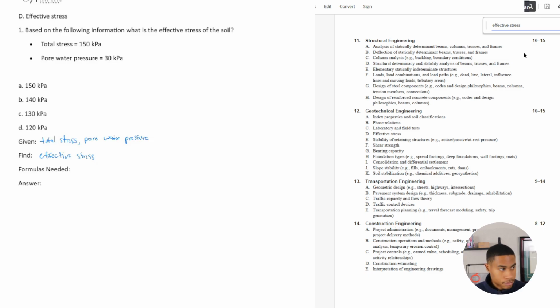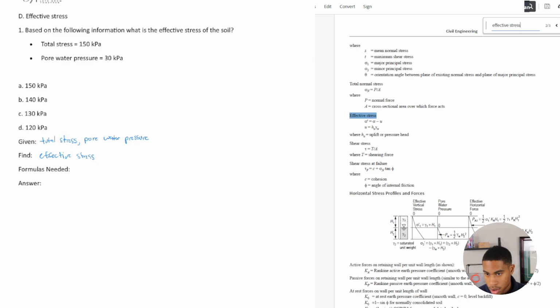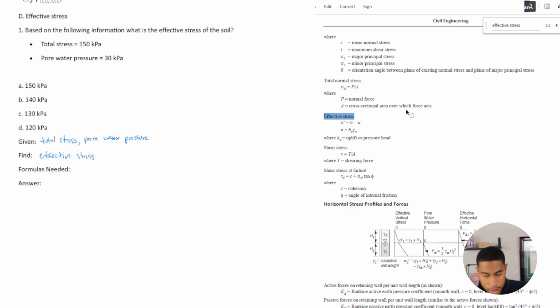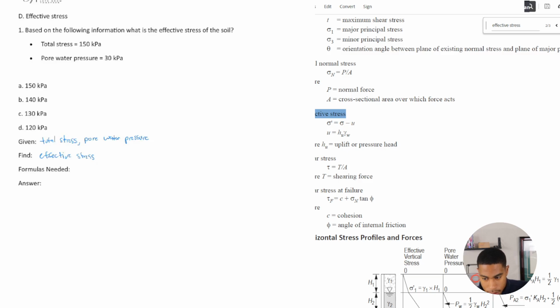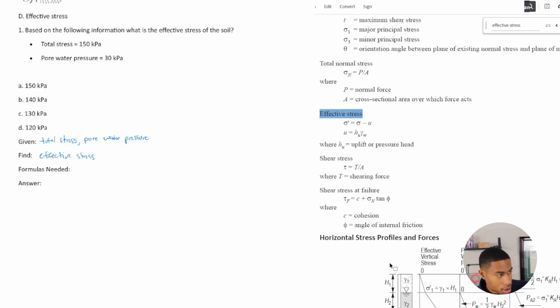All right, when I do that, three things come up. Effective stress, this is actually in the geotech section. So it says effective stress is equal to this symbol prime. I think that's normal stress minus stress minus U. Okay, so what do these symbols mean?